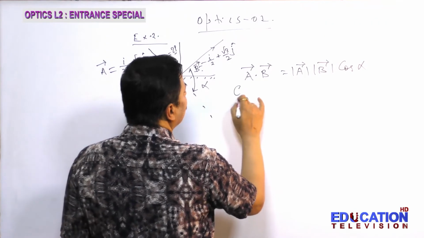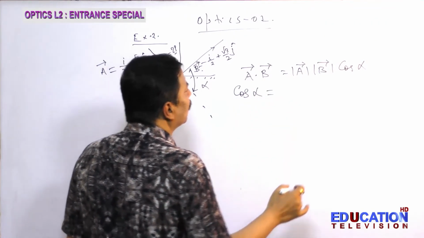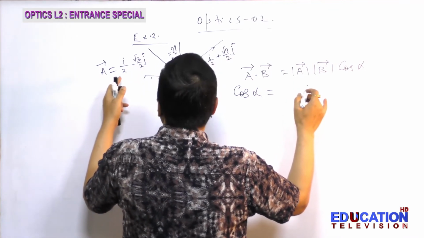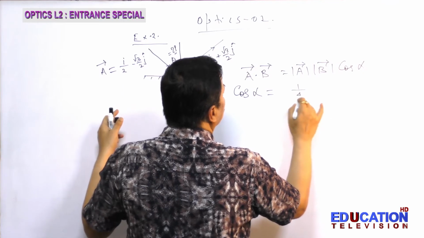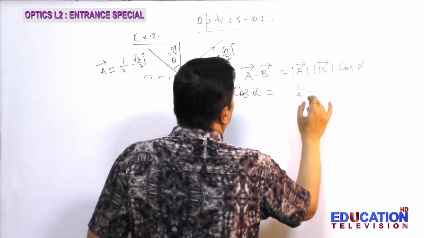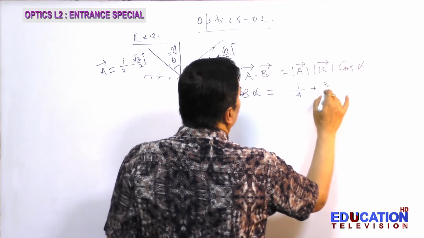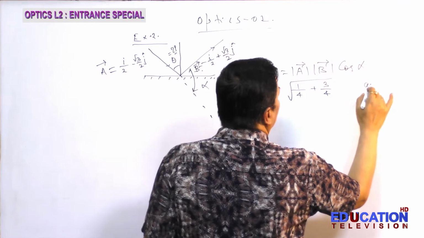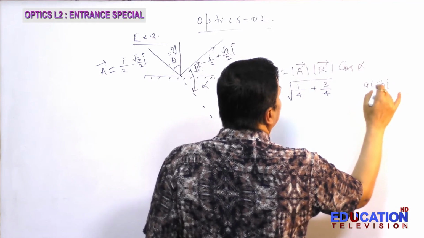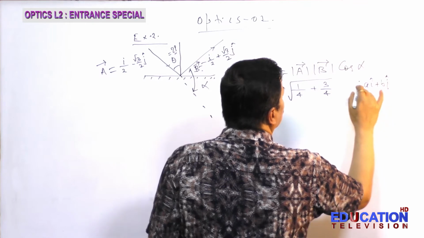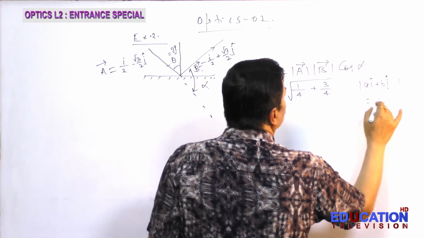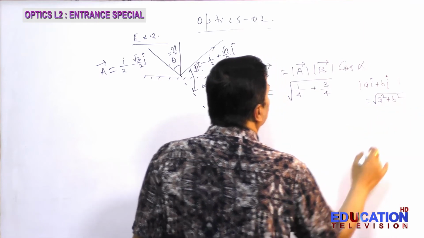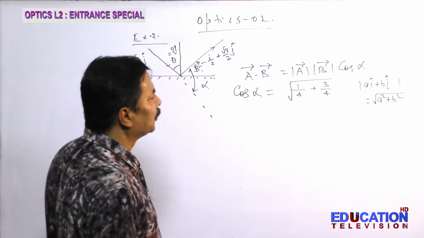So cos alpha equals A dot B over the magnitude of A times the magnitude of B. What is the magnitude of A? Under root 1 by 4 plus 3 by 4. For a vector a i plus b j, the magnitude is under root a square plus b square, so this is the formula I am using.